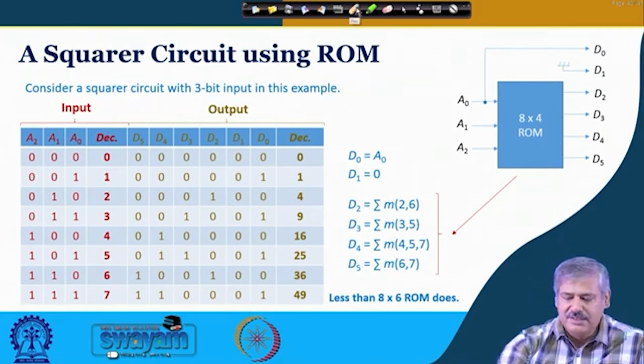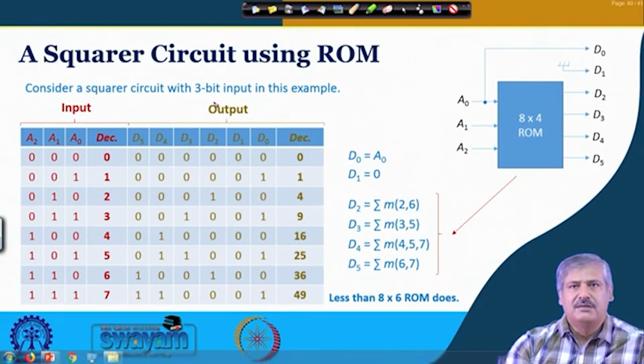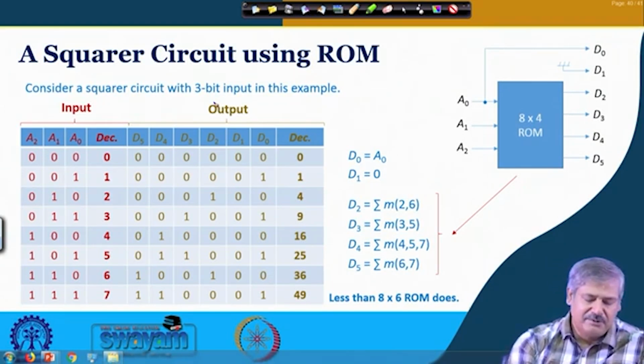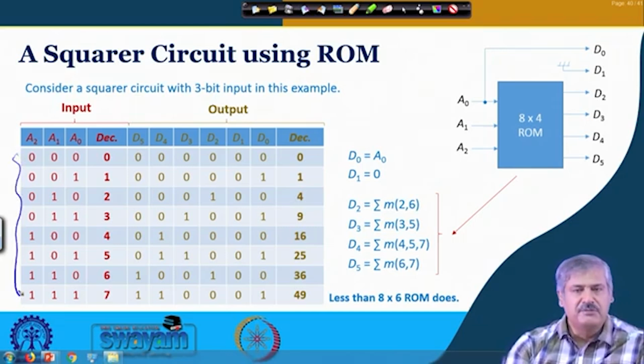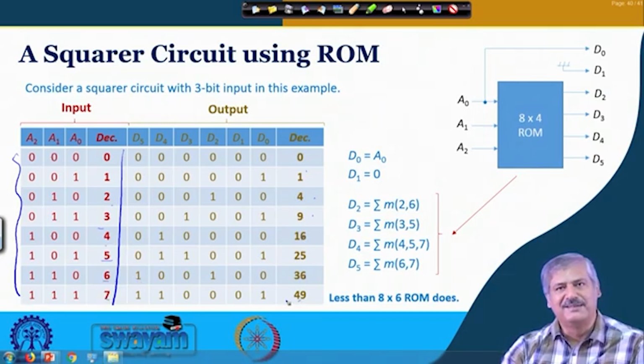So, in this example, this is a 3-bit squarer, for which squaring is to be done. These are the different possible values 0 to 7, these are the decimal equivalents, and the corresponding output is 0, 1 is 1, 2 is 4, 3 is 9, 4 is 16, 5 is 25, 6 is 36 and 7 is 49, and you can write them in binary.